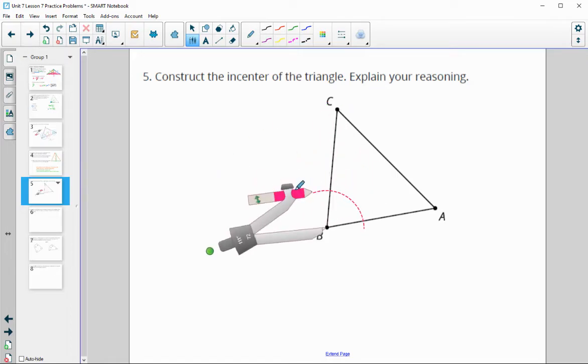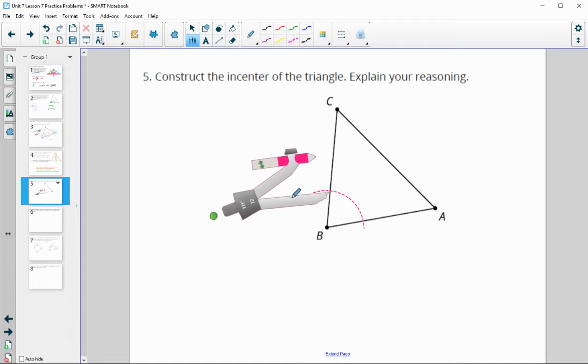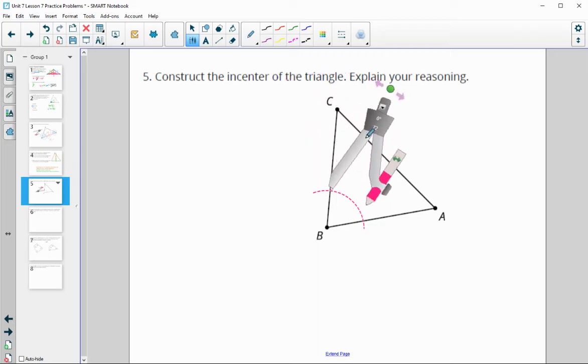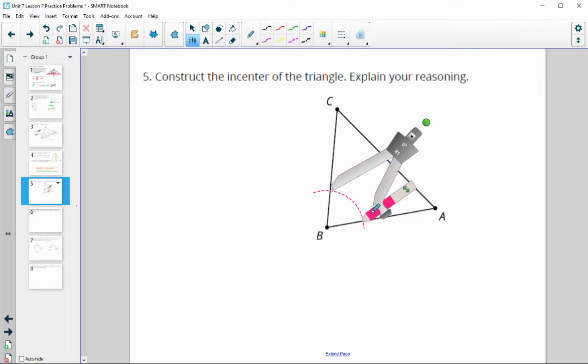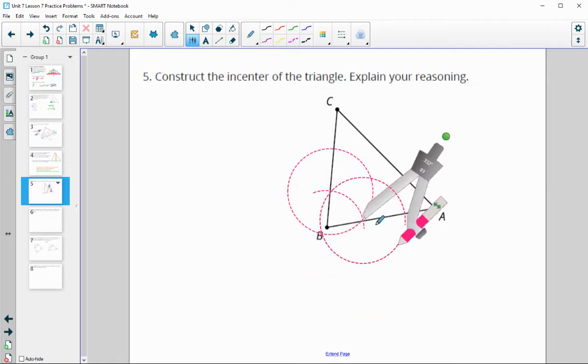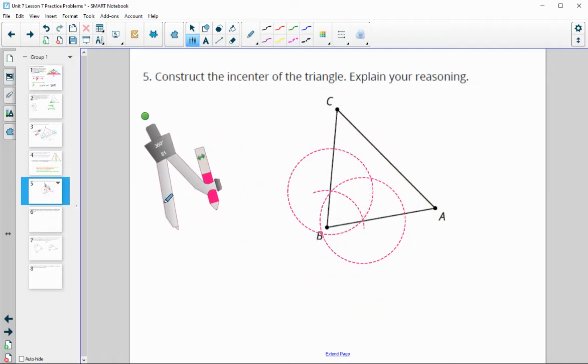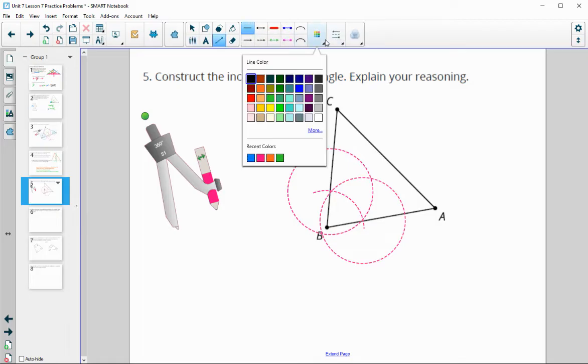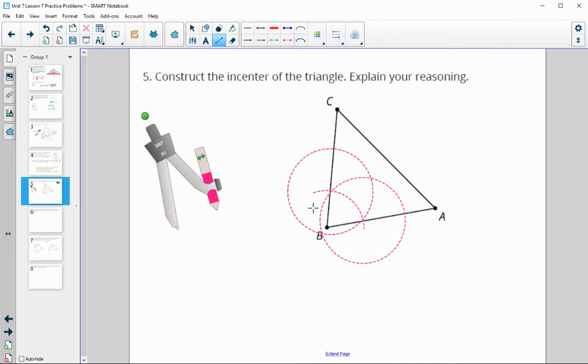So I'm going to cross the side here, open up or go to the intersections, and then open up to the width of the intersection. Draw a circle. Okay, move over to the intersection, draw a circle. And then when you connect those intersections, you'll have the angle bisector.